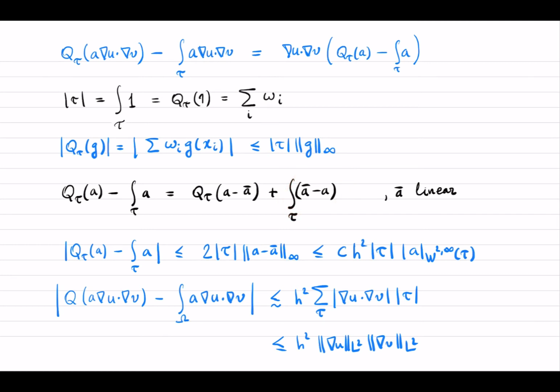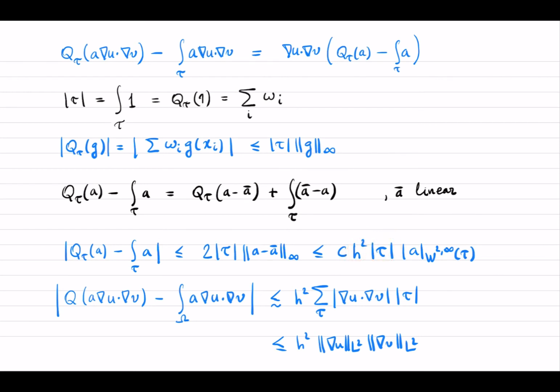And at this point we bound this by the volume of the element times the infinity norm of the difference, and the integral can be bounded exactly by the same expression, and so you have twice the volume of tau times the infinity norm of the difference. And the infinity norm of the difference can be bounded by h squared times some norm of a by using the Bramble-Hilbert lemma. So basically this difference is now bounded by h squared times the volume of the element tau.